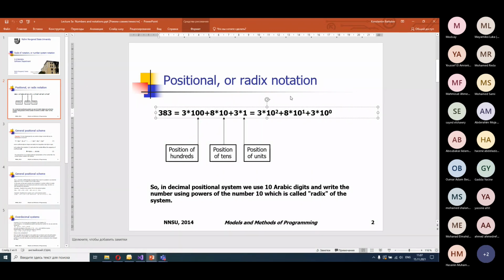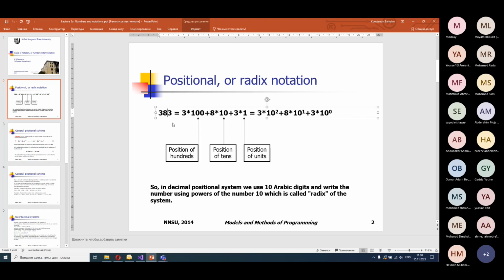So there is a strong correspondence between the position of the digit and the corresponding value. If this digit has position 3, it corresponds to 10 power 2. We start numbering from 0: 0, 1, 2. And each digit corresponds to some power of 10.